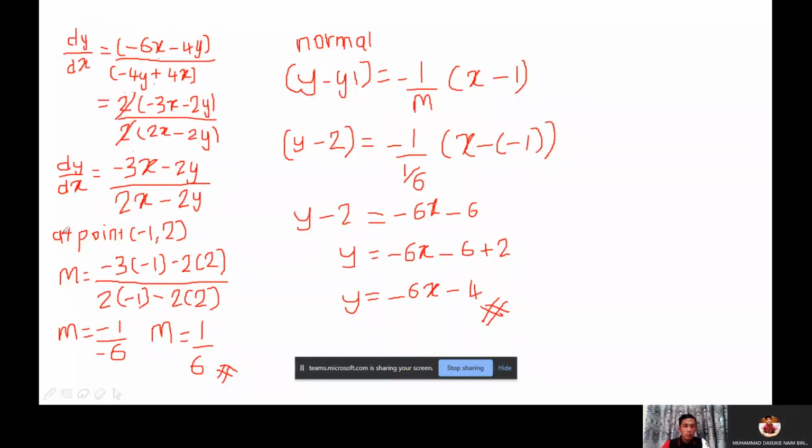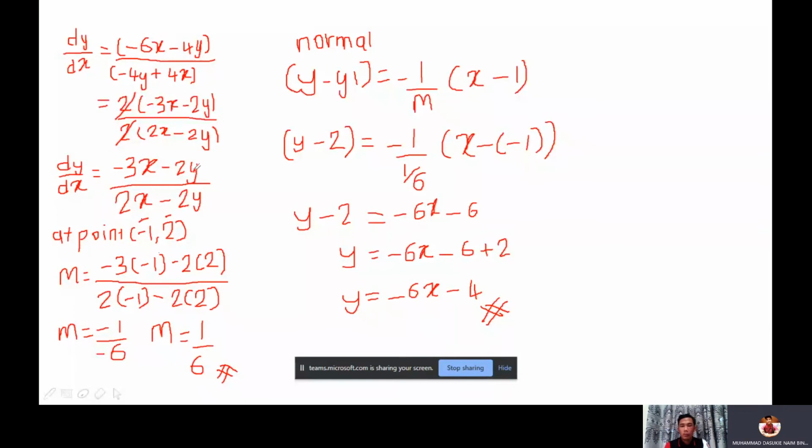Now, based on the equation, at the point negative 1 for x and 2 for y, we want to find the gradient. m is negative 3. This is for x. We put negative 1 because negative 1 is x, and 2 is y.